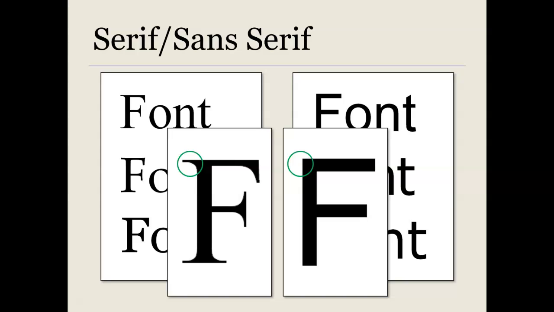I have a serif on the left, no serif on the right, serif on the left, no serif on the right. So this is where you look for serifs. This is how the letter shapes are different. Remember we talked about contrast earlier in this PowerPoint series. This is one way you can create contrast very easily, by using serif and sans serif fonts.